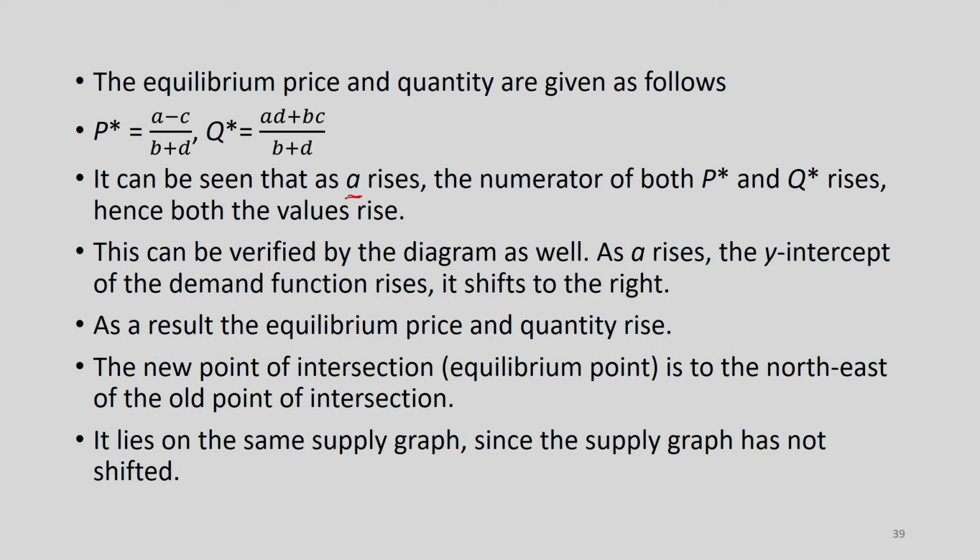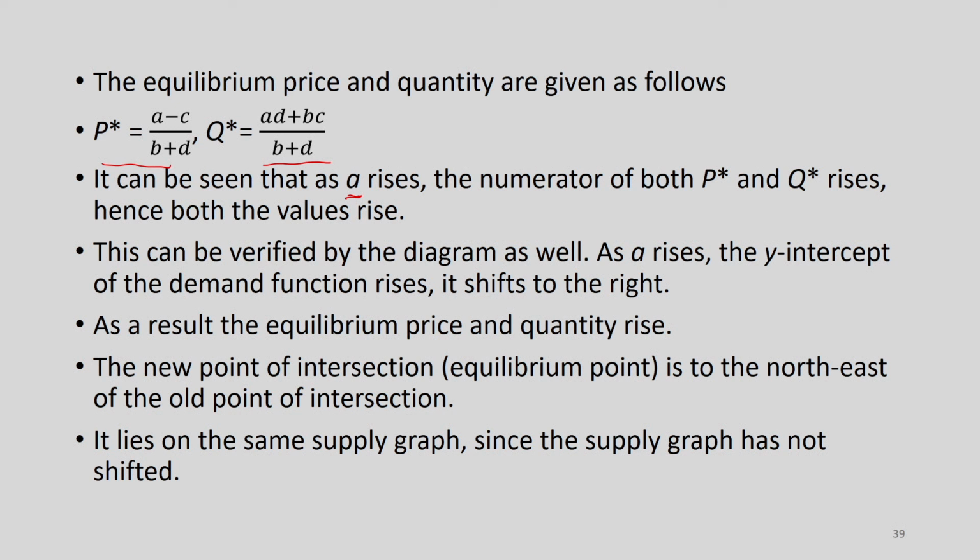In both P star and Q star, small a appears as a positive entry in the numerator, and so if a rises, then both P star and Q star rise. If the numerators rise, then obviously these numbers will also rise.